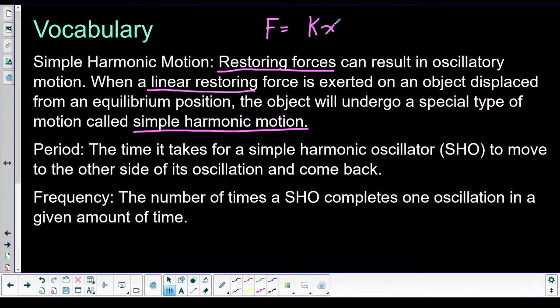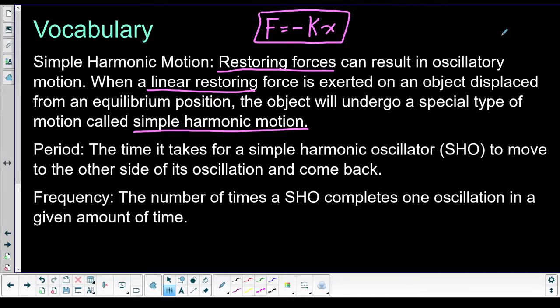And this is already looking eerily similar to something else. And the force needs to be in the opposite direction of the displacement. Bizarre. It's almost as if we have an equation that is exactly this. This is our spring force. This is Hooke's law, right?